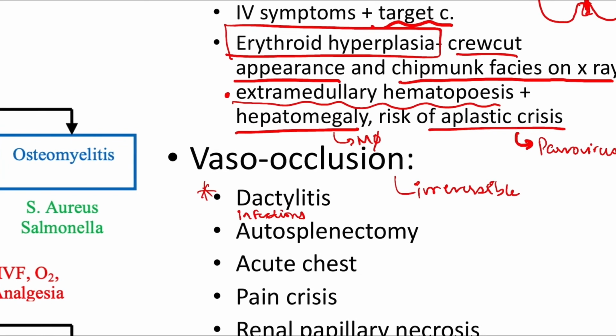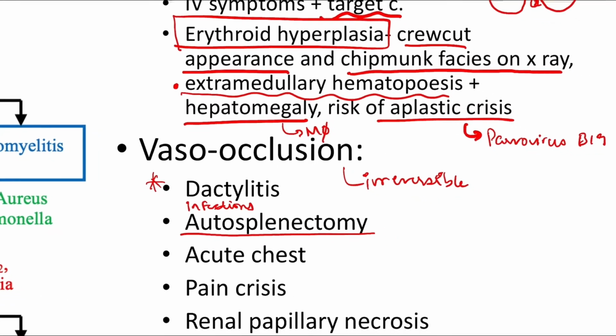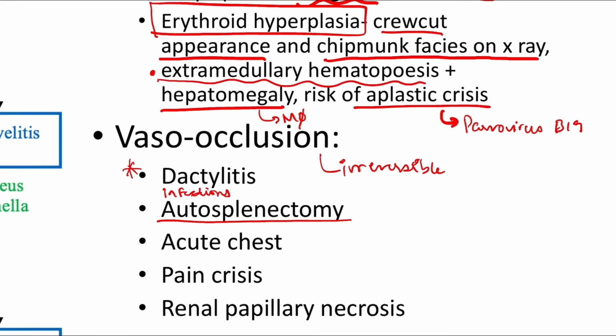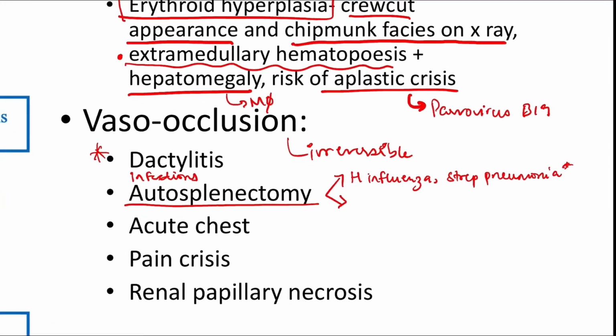And another thing that can happen is because of the infarction of the spleen, you can have autosplenectomy. Eventually, it just kind of involutes and dies. That means that you would have an increased risk of infection from encapsulated organisms. So in children, you have increased infection from Haemophilus influenzae and Streptococcus pneumoniae, and this can be a cause of death as well in these children.